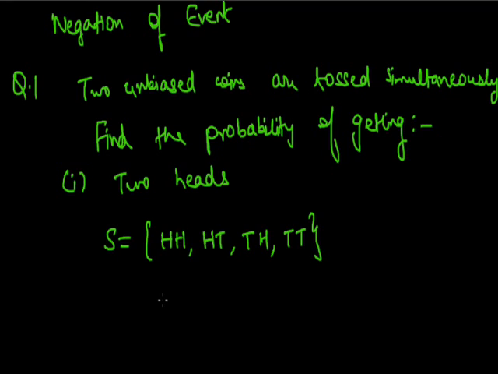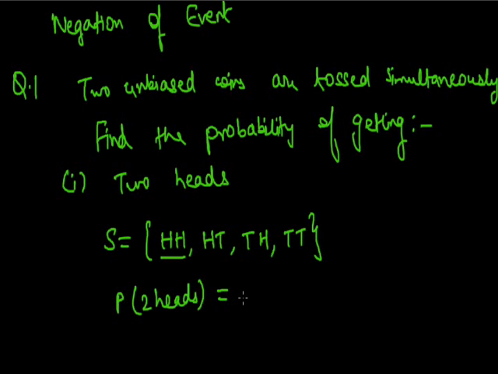Of these four possible outcomes, in the question we have to find the probability of getting two heads. If you see, out of these four outcomes there is only one possibility where we get two heads. So the probability of getting two heads is equal to the total number of favorable outcomes divided by the total number of possible outcomes.